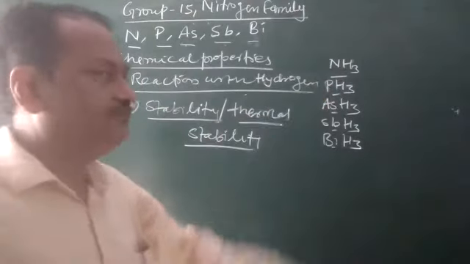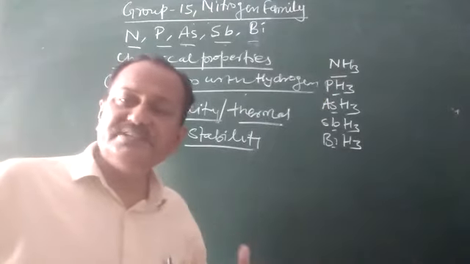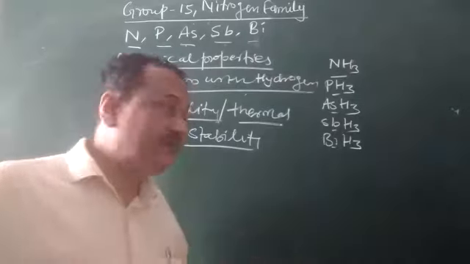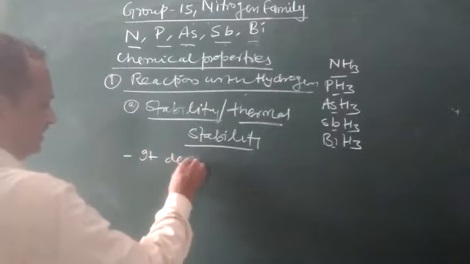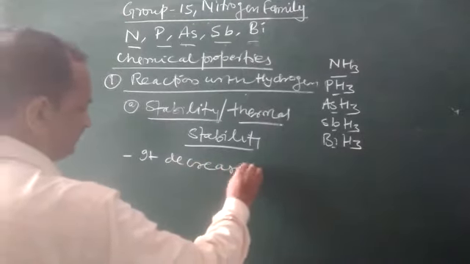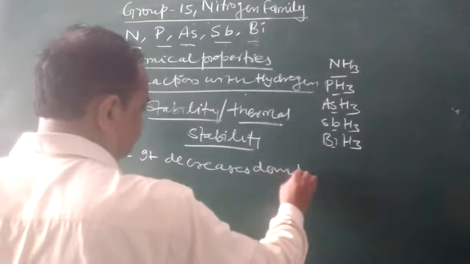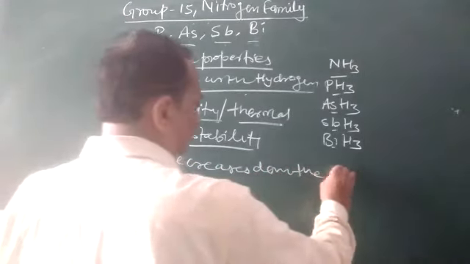As we move from top to bottom, atomic size increases, so thermal stability decreases down the group.